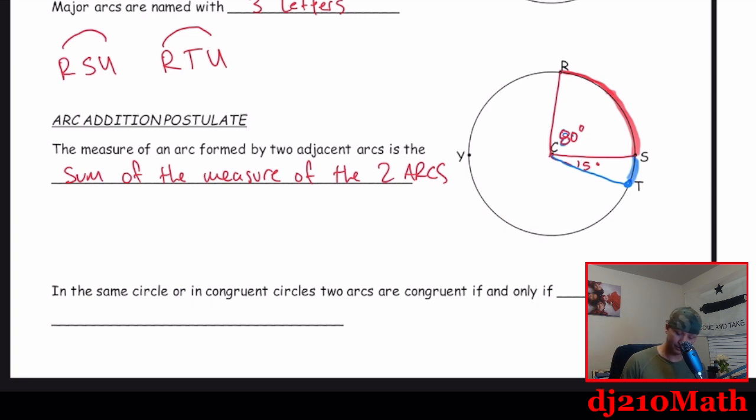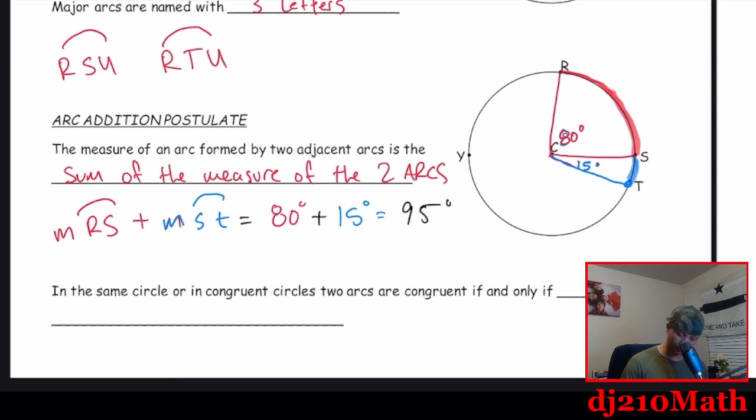So then what we're saying is the measure of arc RS plus the measure of arc ST equals 80 degrees plus 15 degrees equals 95 degrees.